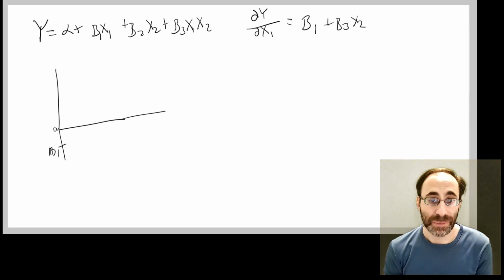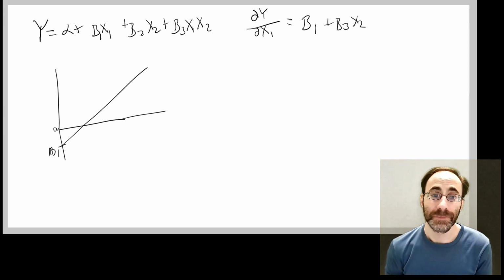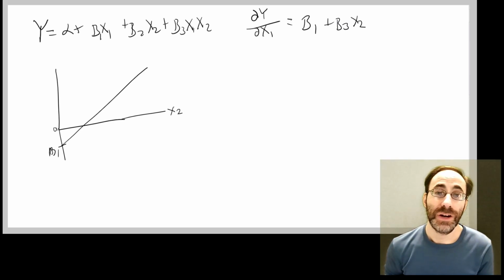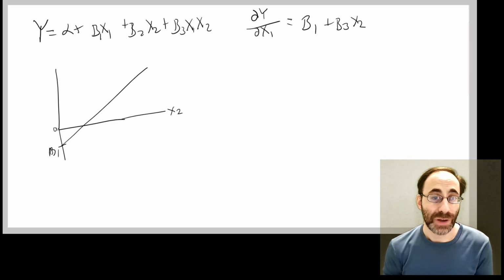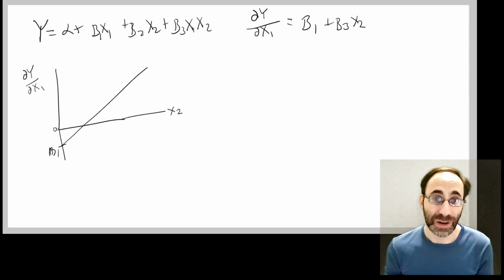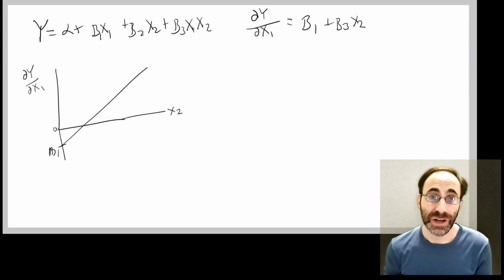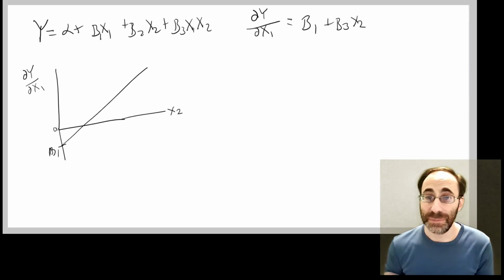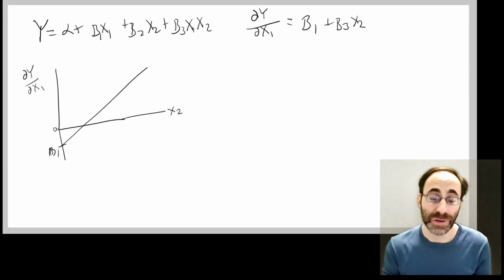And if beta 3 is positive, that means this line increases with x2, which is on this axis. Now what am I graphing here? I'm graphing not y, but the marginal rate of change of the dependent variable y with respect to the independent variable x1, as a function of the other independent variable x2. This is basically as far as we got before.